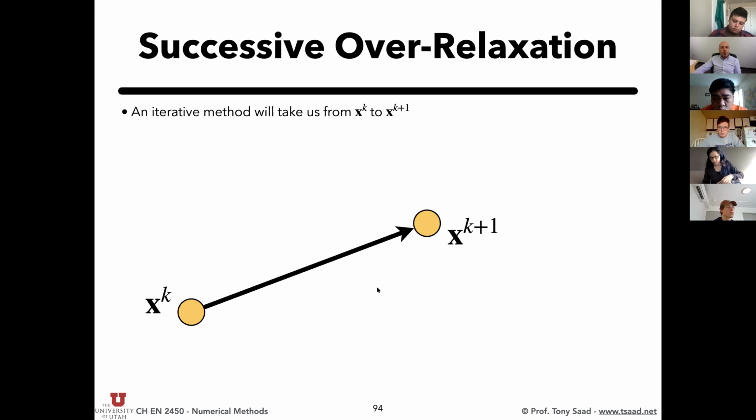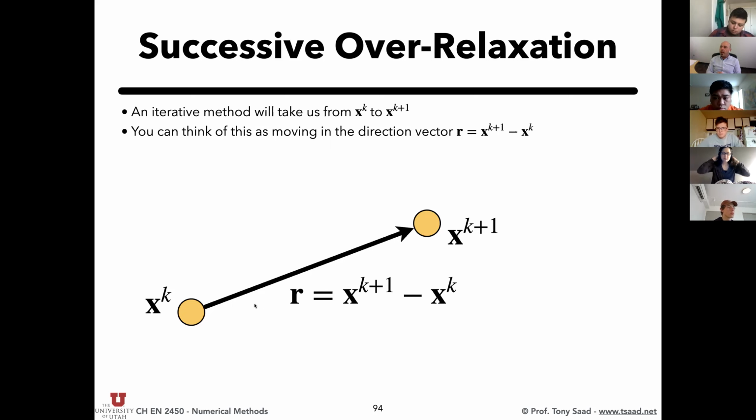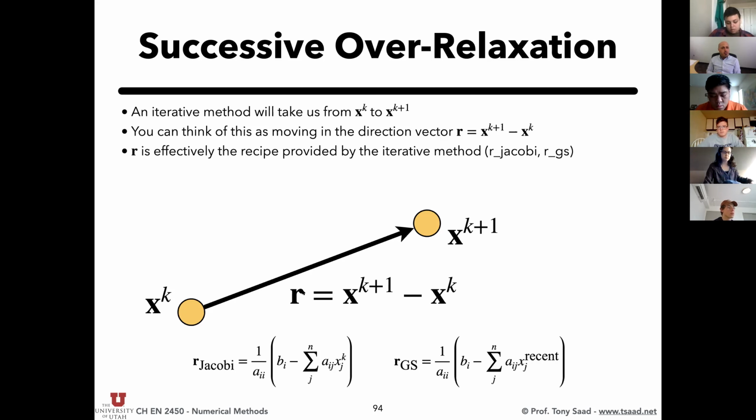You can literally define it as the difference between xk plus 1 and xk. Now, this R is effectively the recipe. This could be Jacobi, this could be Gauss-Seidel. This is the recipe that takes you from xk to xk plus 1.